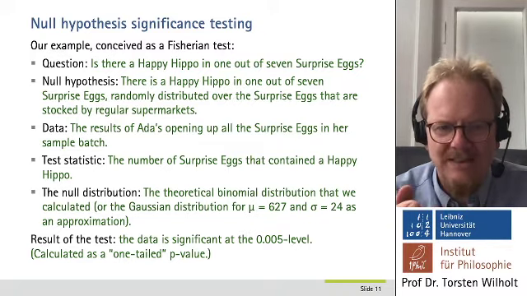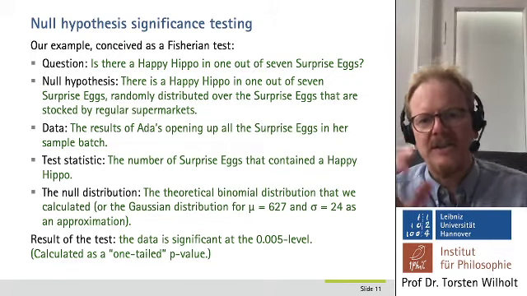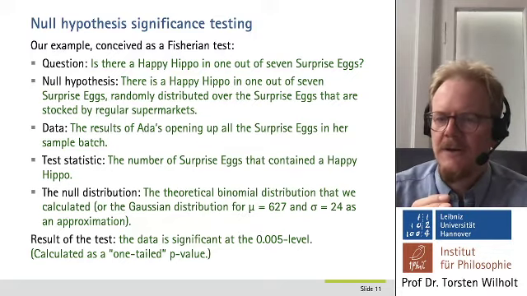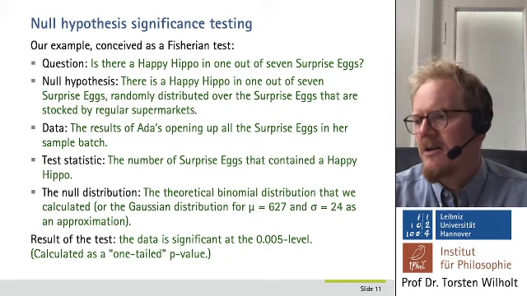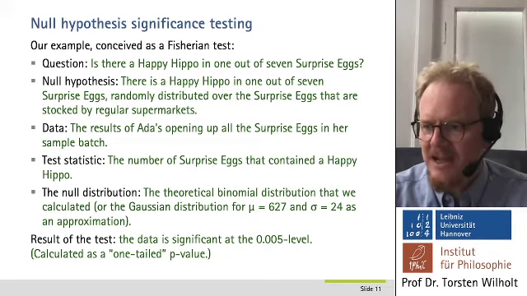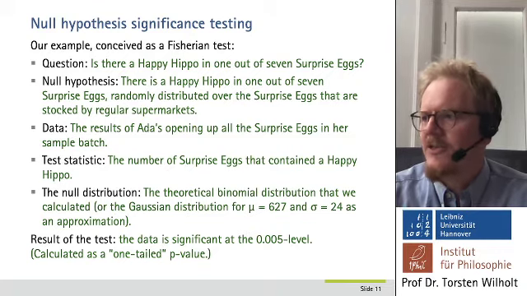For example, we choose to summarize the results of Ada's experiment by just focusing on the number of happy hippos she got, and we are abstracting away from some other features of the result. For example, by choosing this test statistic, we decide that the order does not matter. We're not interested in the order.